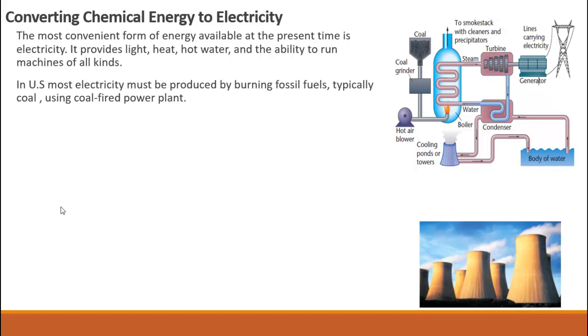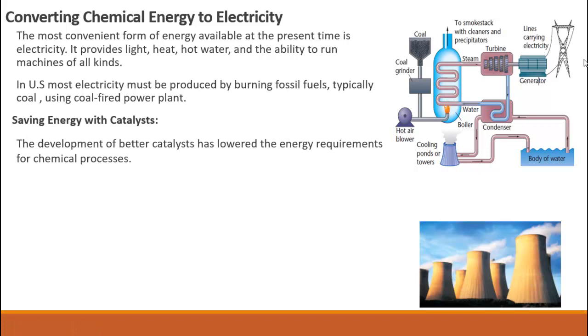How does the power plant work? In a power plant, coal burns, producing heat that boils the water into steam, and the kinetic energy of the steam drives the turbines, which drive a generator that produces electrical energy.